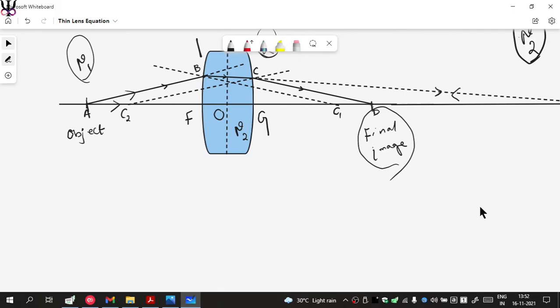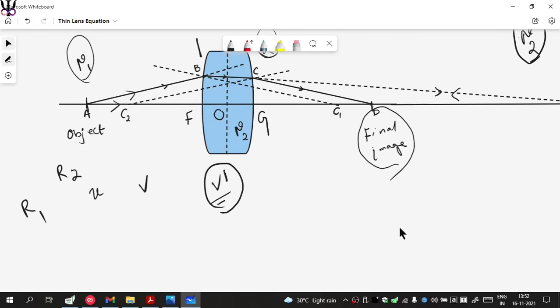Now it's very easy, we can use our notations again. We use object distance as U, image distance as V. For the virtual object, let us call it V dash. And again we use R1 for interface 1 and R2 for interface 2. Just as for interface 1 the center is at C1, for interface 2 the center is at C2.